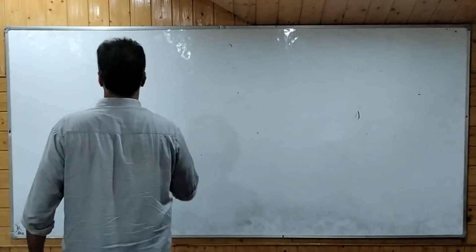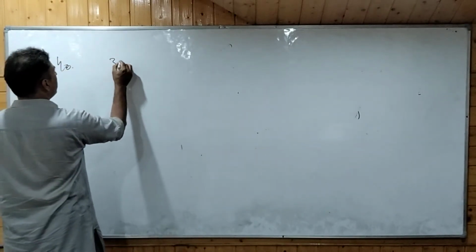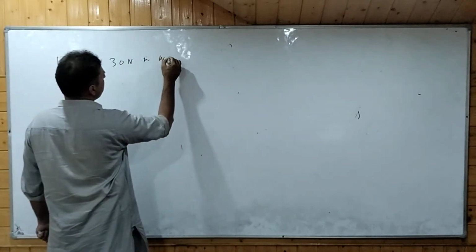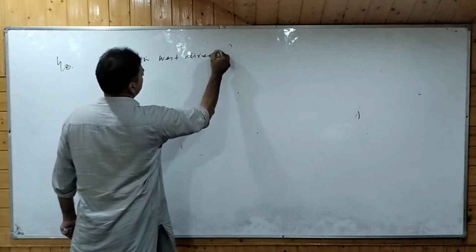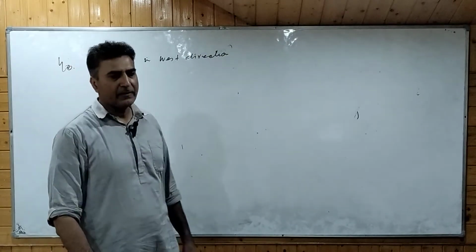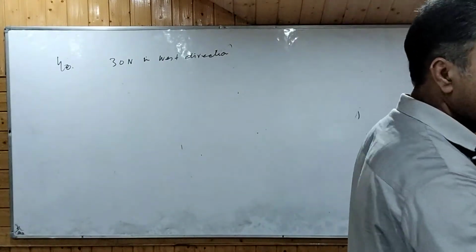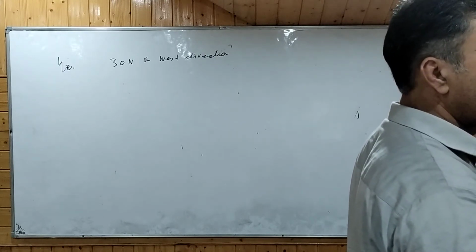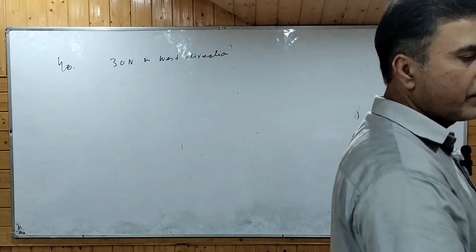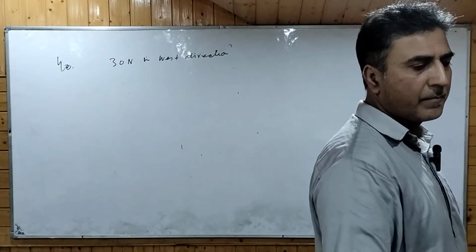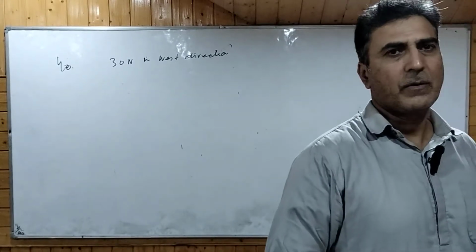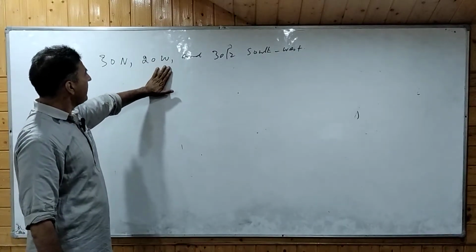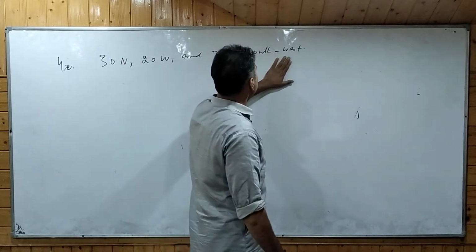There are three vectors: 30 Newton in the west direction... Yes, these are three vectors, 30 north, 20 west, and 30 root 2 southwest.